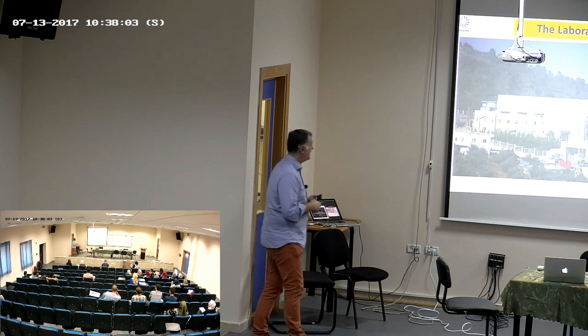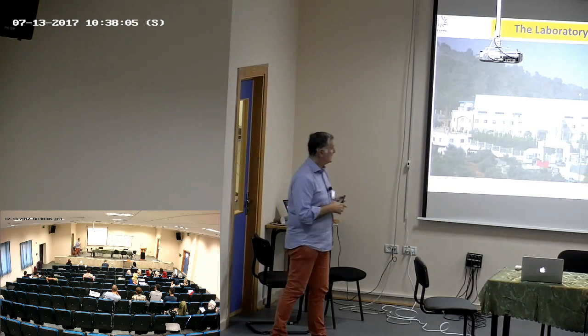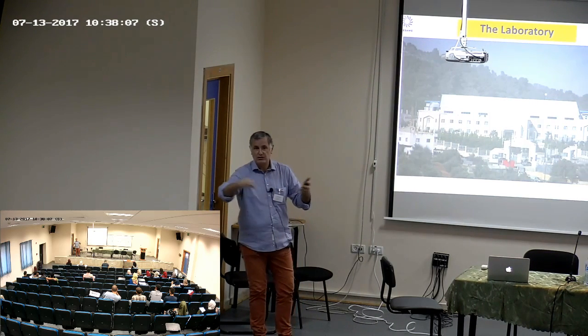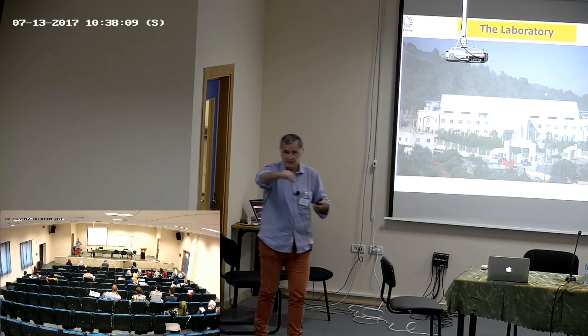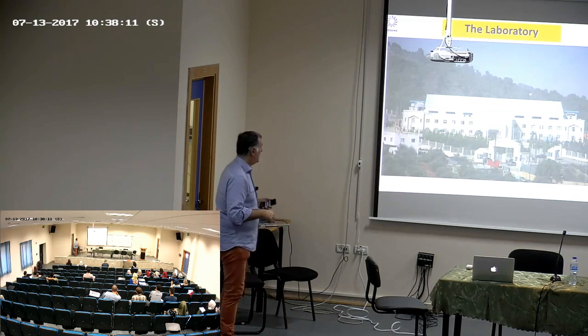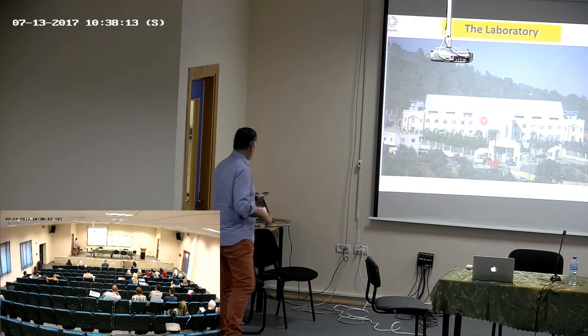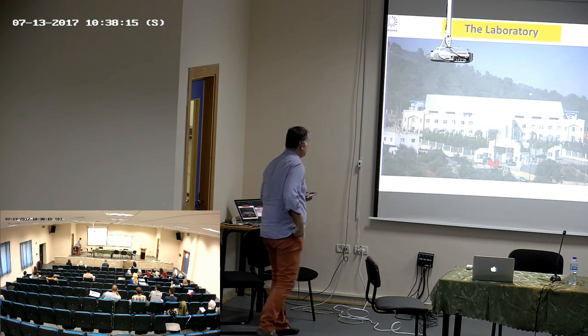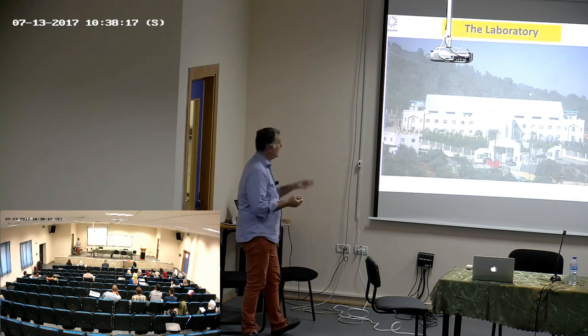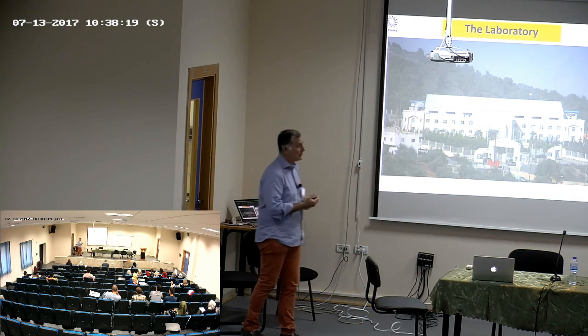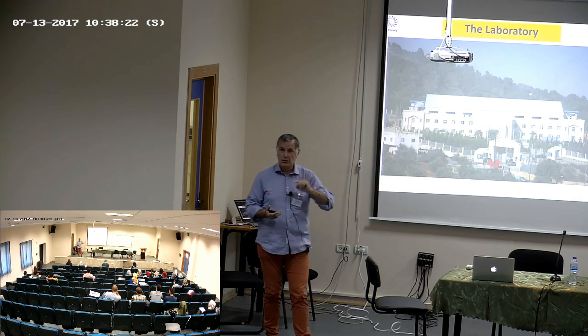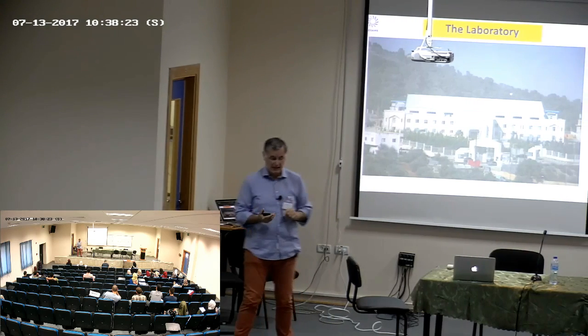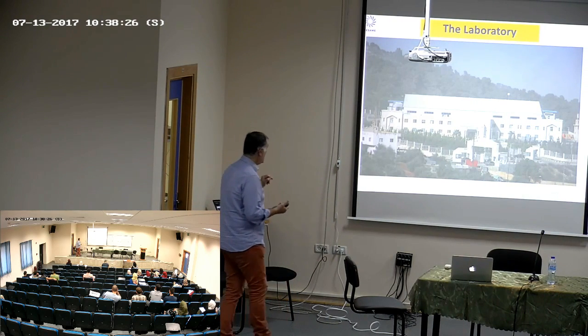We have a square type of building. Not all synchrotron buildings are circular. Some of them are square. And it's located in a nice area about 35 kilometers northeast of Amman.